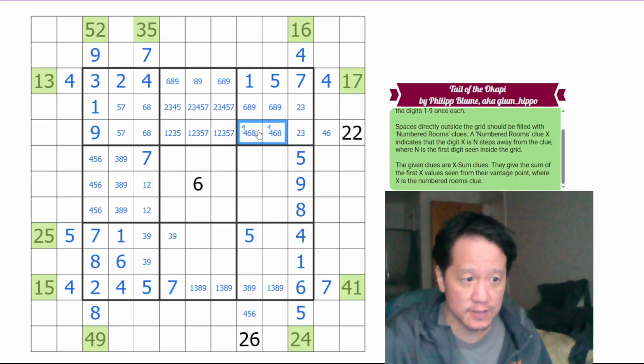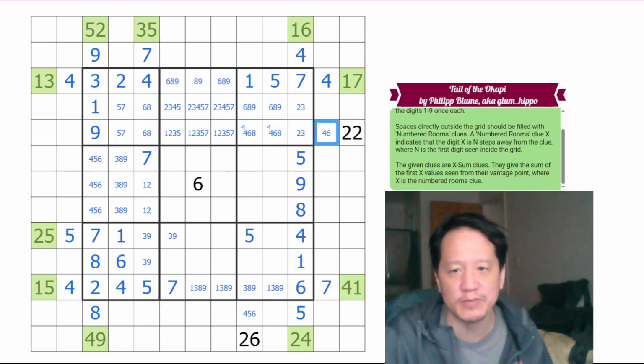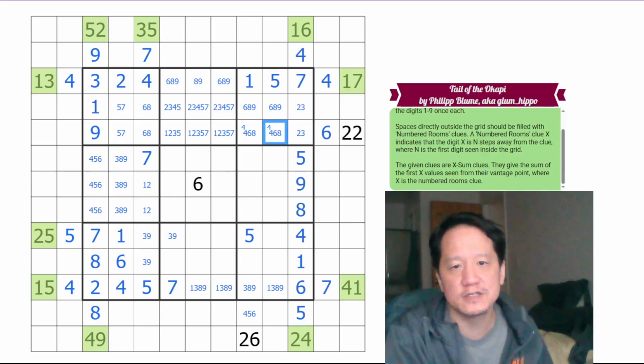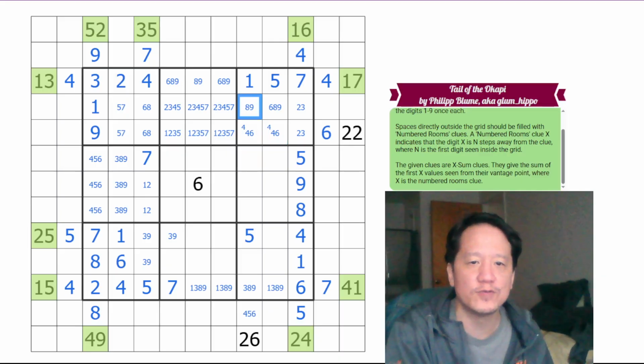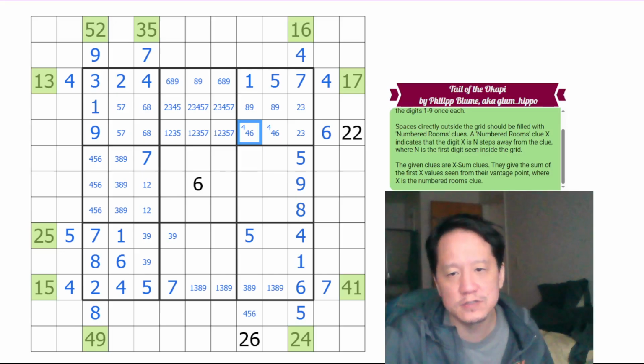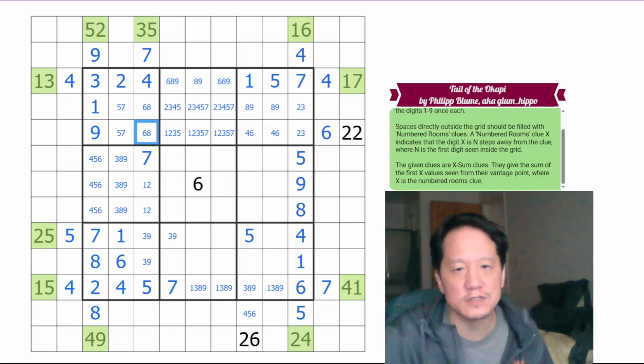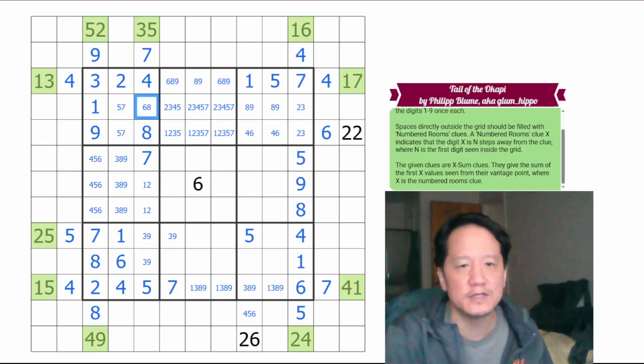That's 8. Plus 3 is 11 at most. 22 minus 11 means a single digit here has to be 11. So this can't be 4. This is 6. So this must be a 4, 6 pair here, which eliminates 4 and 6 in the rest of the box and row. So this can't be 6. This is 8. This can't be 8. It's 6.